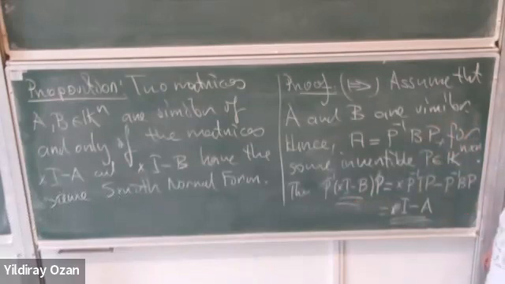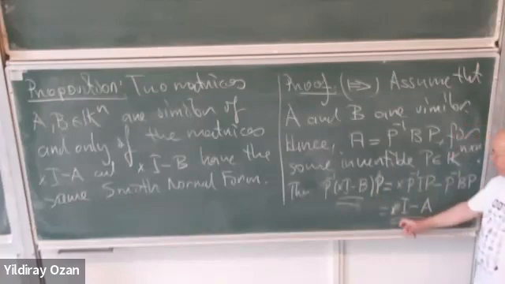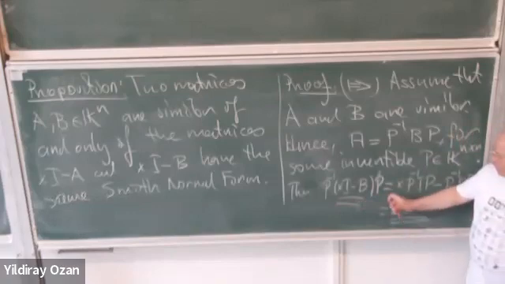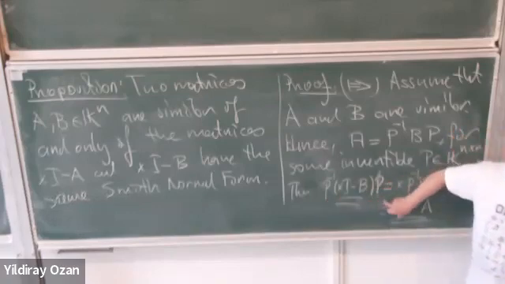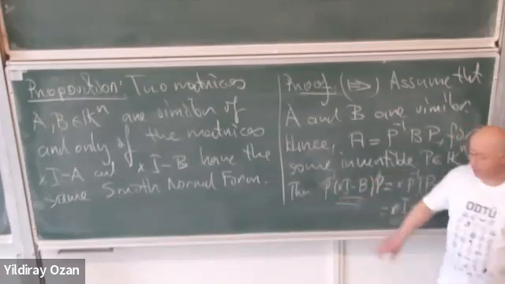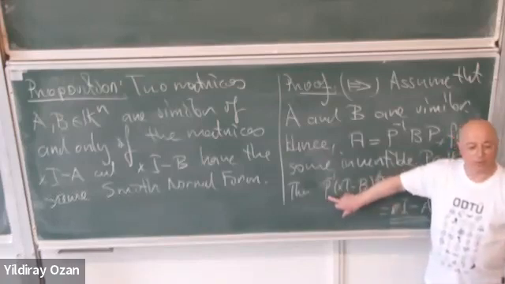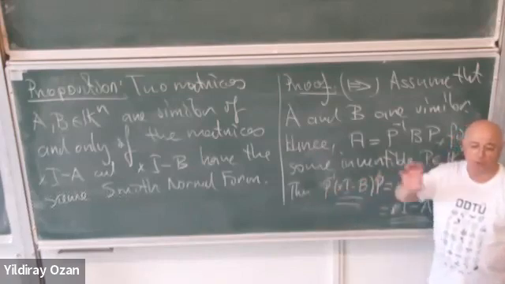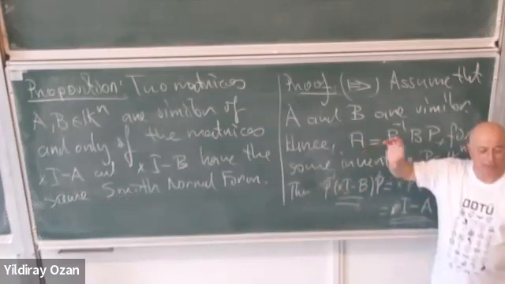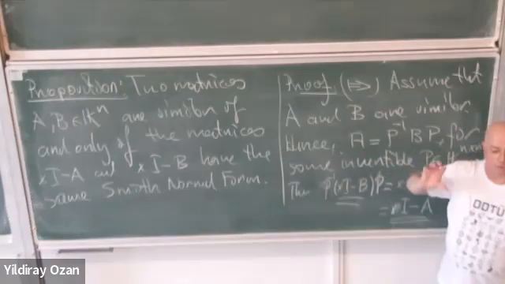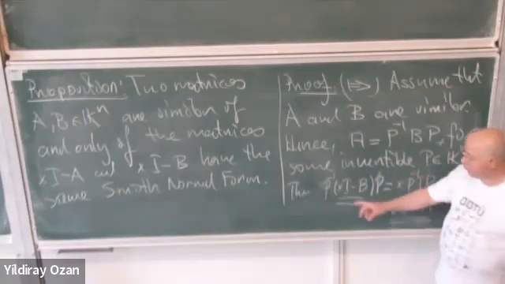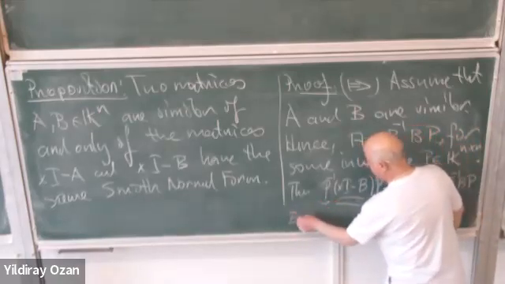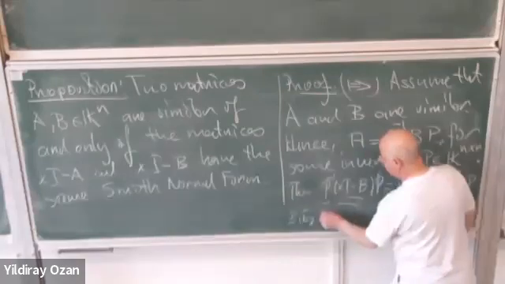And this means what? You can obtain this matrix from this matrix by applying row and column operations, right? Multiplying a matrix from left corresponds to row operations. I can write this matrix P inverse as a product of elementary matrices, right? Every invertible matrix can be written as a product of elementary matrices. So this is a product of elementary matrices, E1, E2, let's say En.